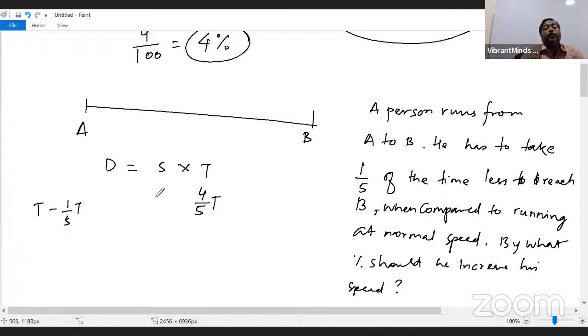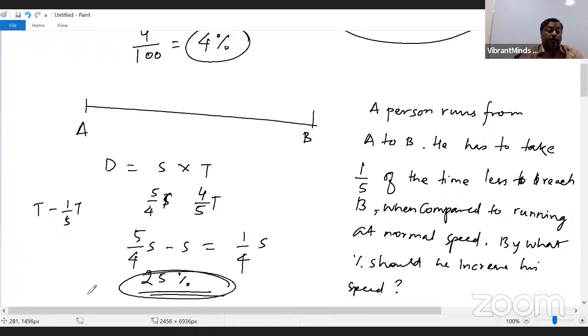Inverse of this, यानी कि 5/4s. 5/4s minus s क्या हो जाएगा? ये हो जाएगा 1/4s. यानी कि उसको अपनी स्पीड 25% बढ़ानी होगी, तभी वो 1/5 of the time less ले सकेगा.